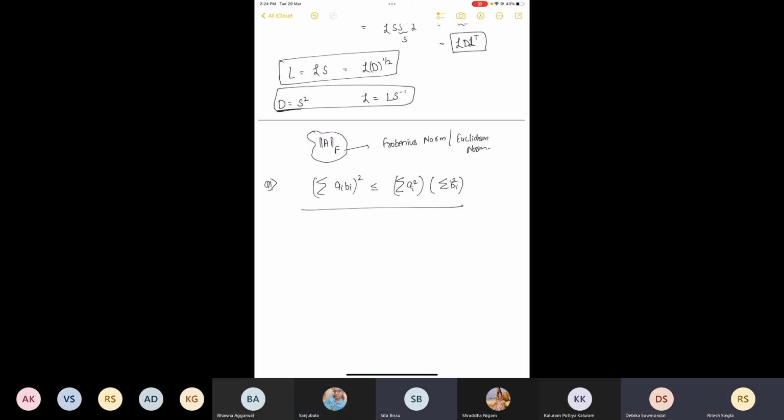Yes, sir. Okay. Were you able to solve question number 2? Yes, sir. So it is quite trivial, right? Because the condition number with respect to F of A, which is nothing but norm of A F times norm of A inverse F, is always greater than or equal to norm of identity F, right?